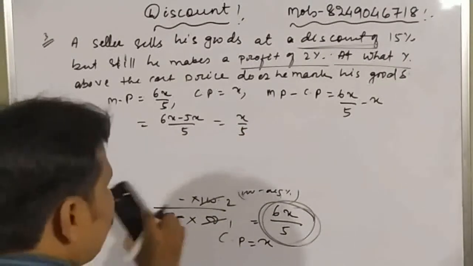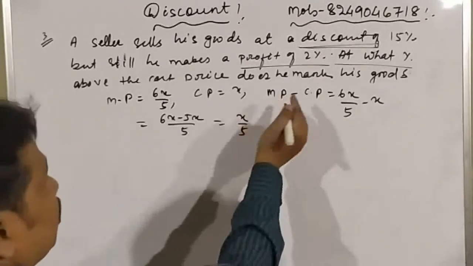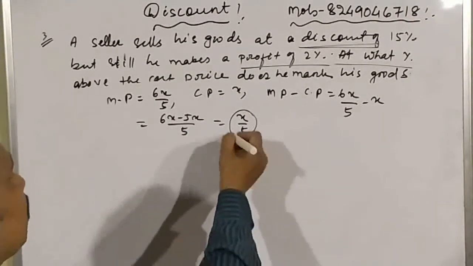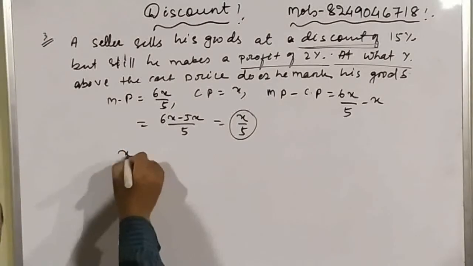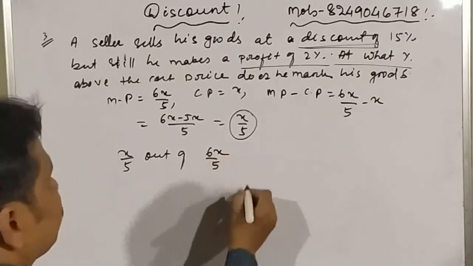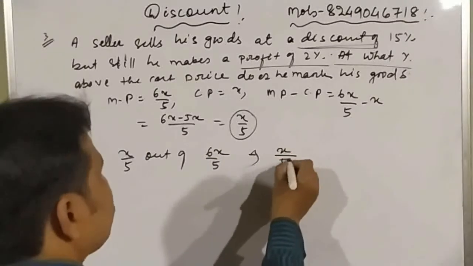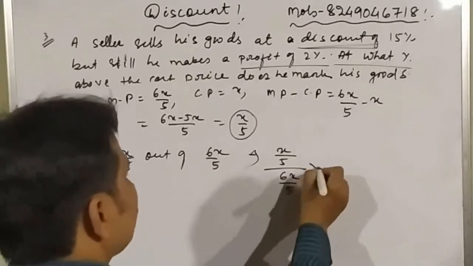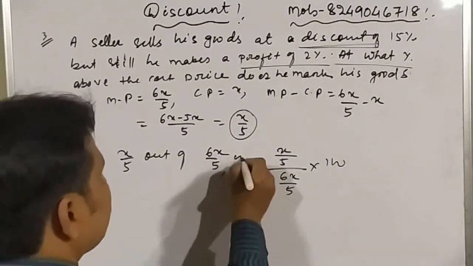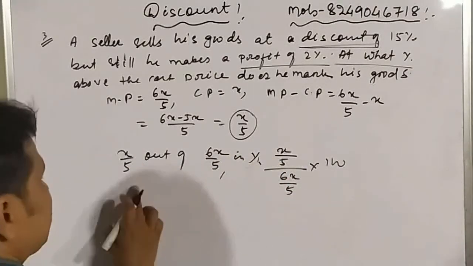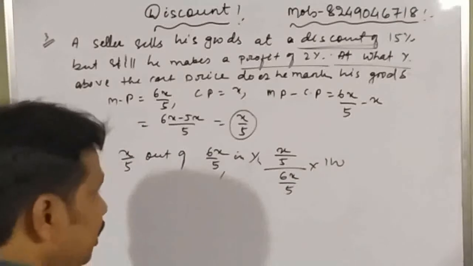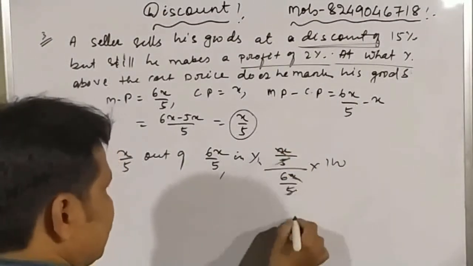Okay student. So now the last answer: what percentage above the cost price. So we have to convert this into a percentage. So x by 5 out of 6x by 5. In percentage, x by 5 divided by 6x by 5, into 100. Here 5 cancels, x cancels.